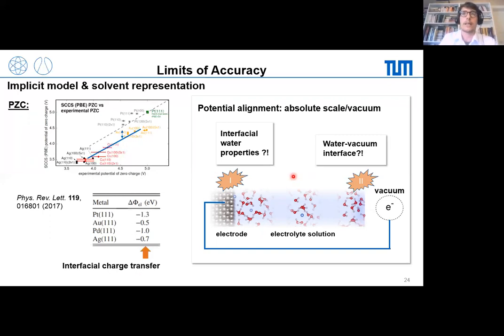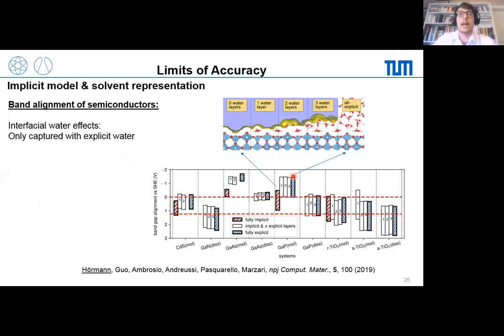Just to very briefly summarize one result: we try to assess these two potential drops, at the water-vacuum interface and at the solid-water interface, by looking at the band alignment of semiconductors in solution, in particular in fully implicit solution, in a fully explicit solution, and in systems where we have just a few water molecules treated explicitly.